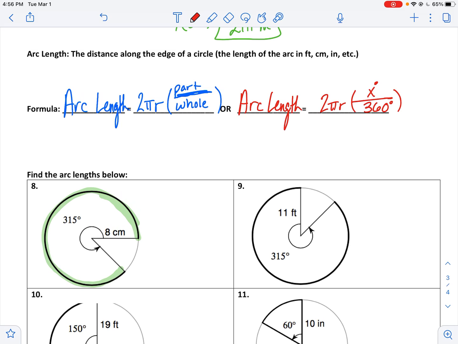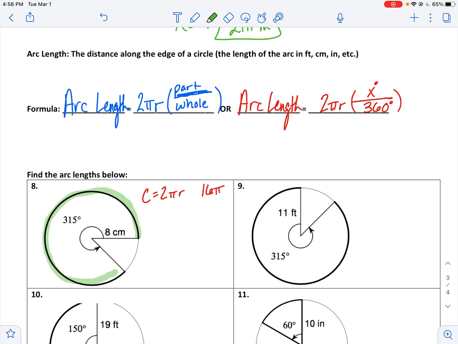So let's take a look at one example here together. I've got 2 pi r is my circumference, which is 16 pi. That would be the whole distance around the circle. But I'm not looking for the whole distance around the circle. I just want this part here.